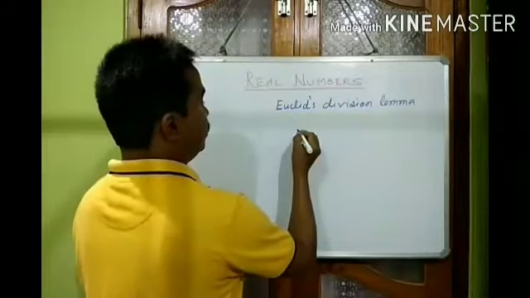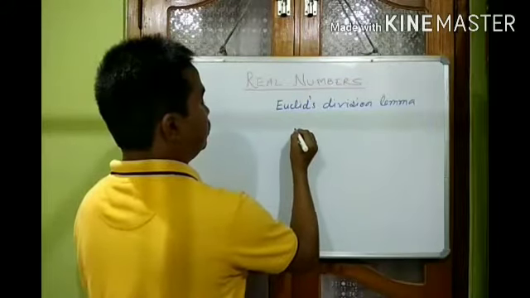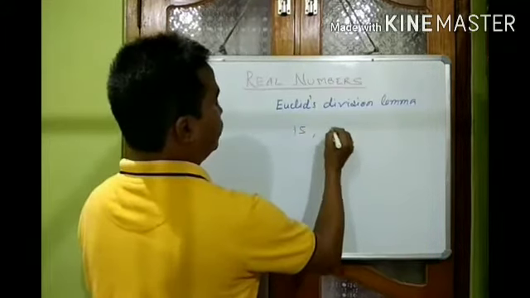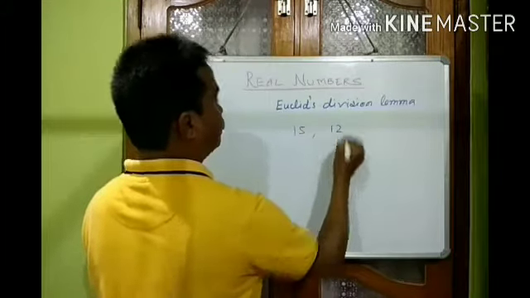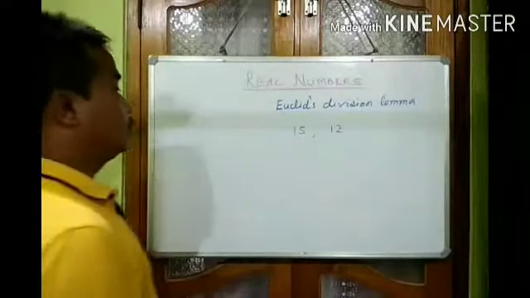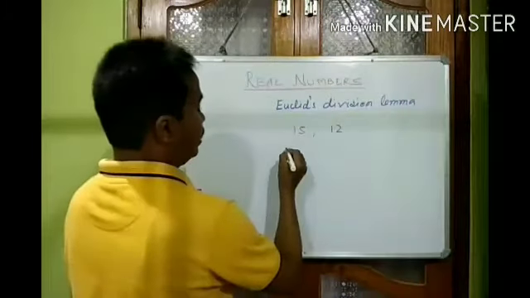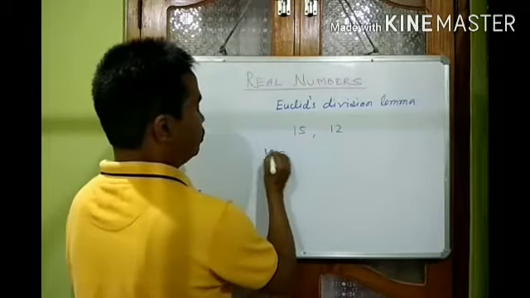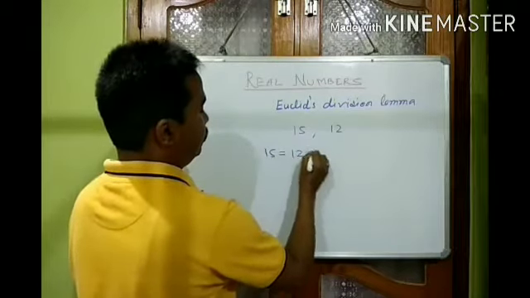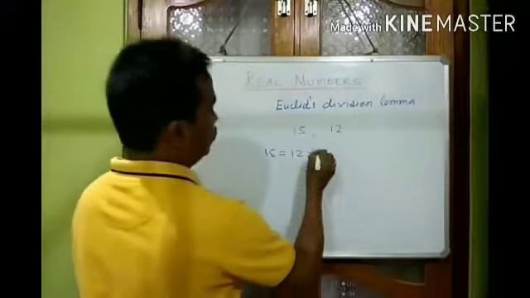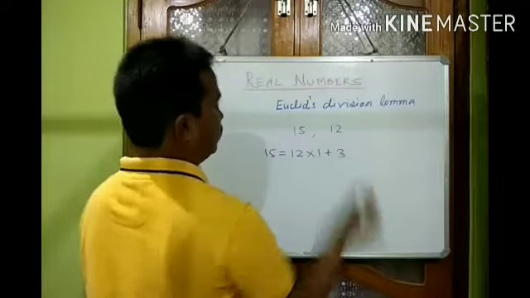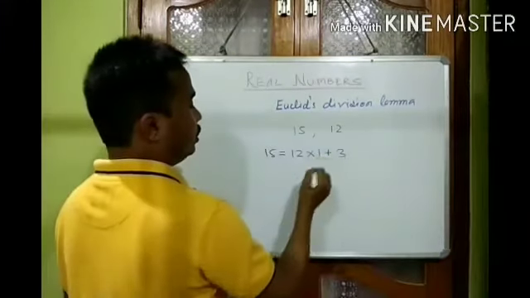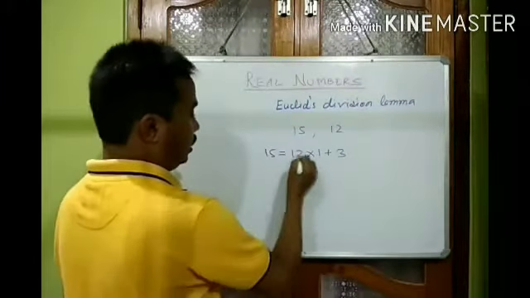Suppose let us try to find out the HCF of 15 and 12. So we write like this: 15 is equal to 12 into 1 plus 3, so 1 is the quotient and 3 is the remainder.